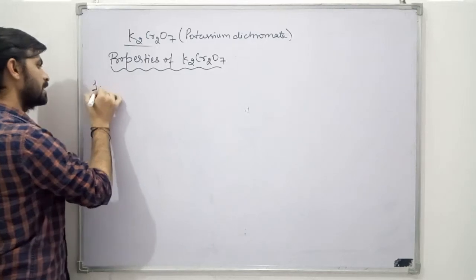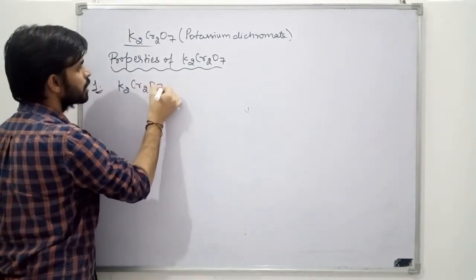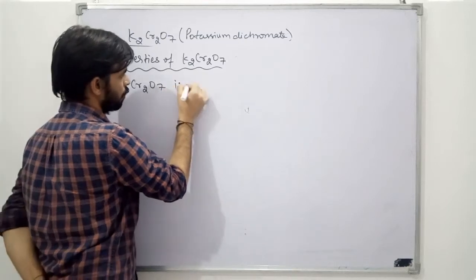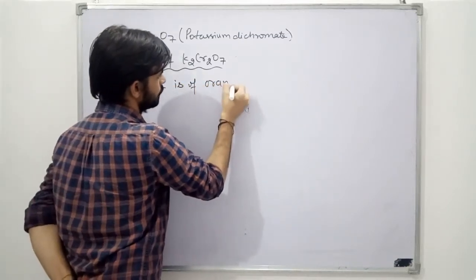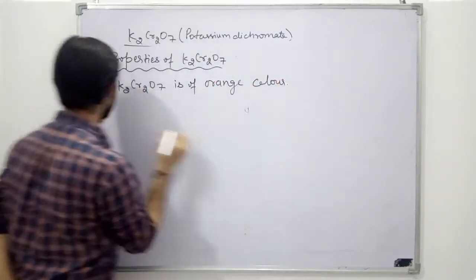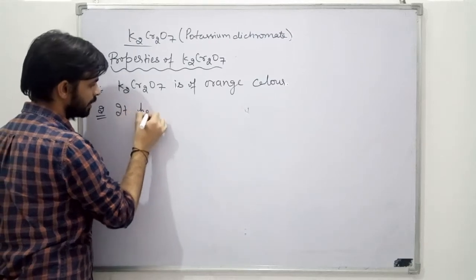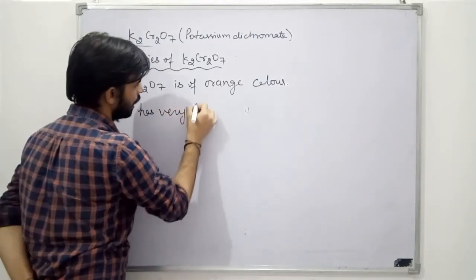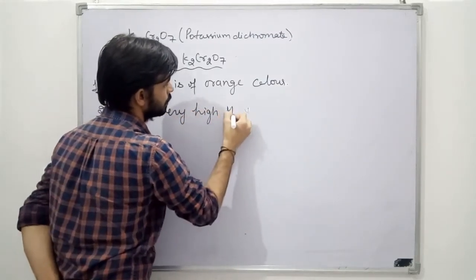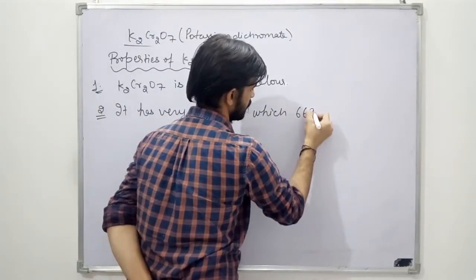Your first point is potassium dichromate, that is K2Cr2O7, is of orange color. Second point, it has a very high melting point, which is 669 Kelvin.